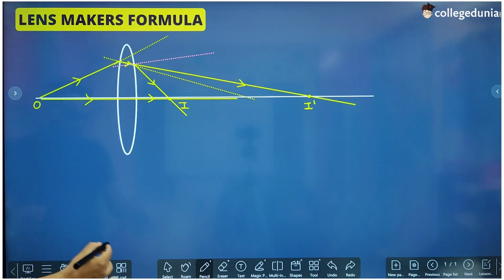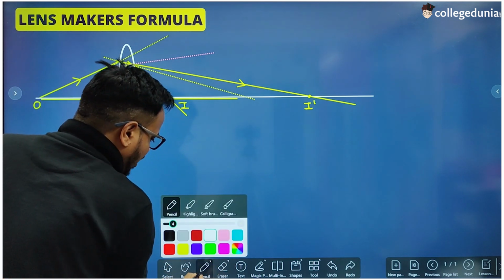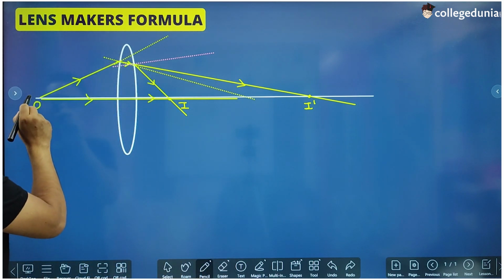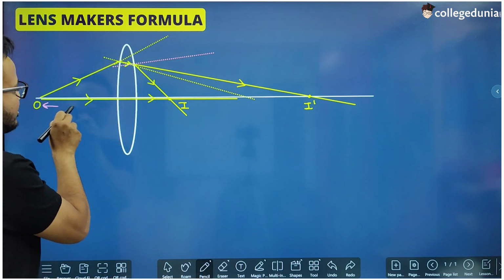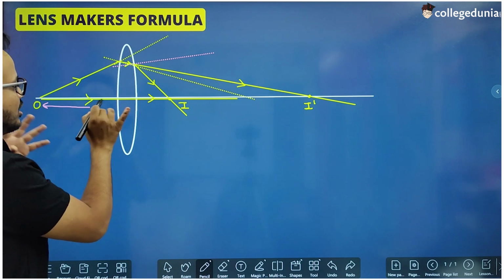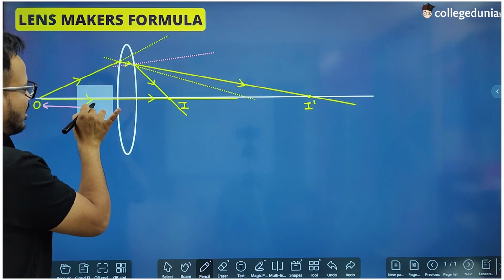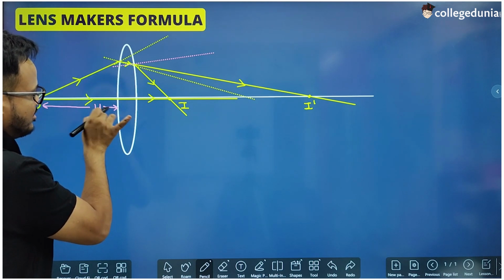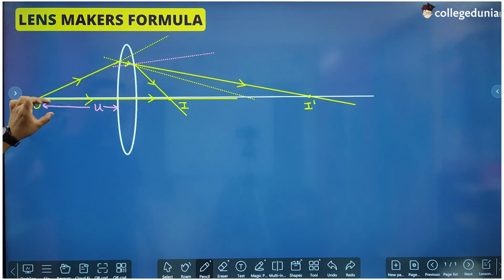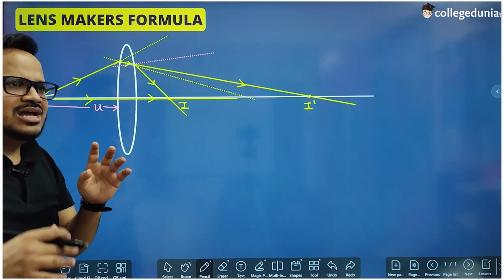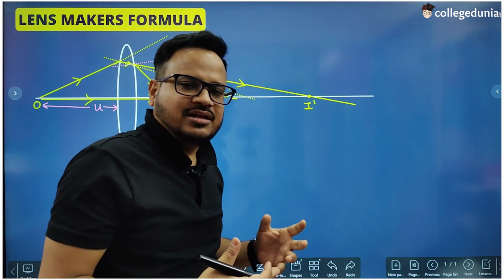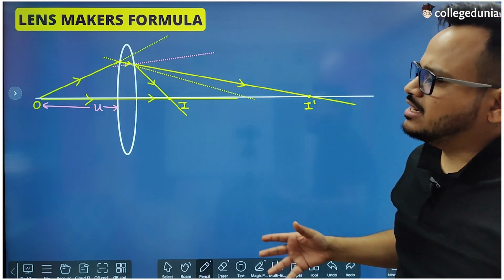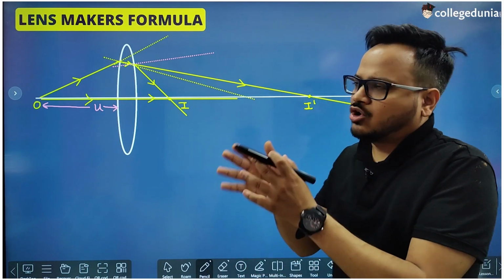So to derive the lens maker's formula, let's mark these. First, this is the object distance. Let's say the lens is very thin, so ignoring the thickness of the lens, u is taken from the center of the lens. If the lens is very thin, it doesn't matter whether we take the distance from the center or from the surface.